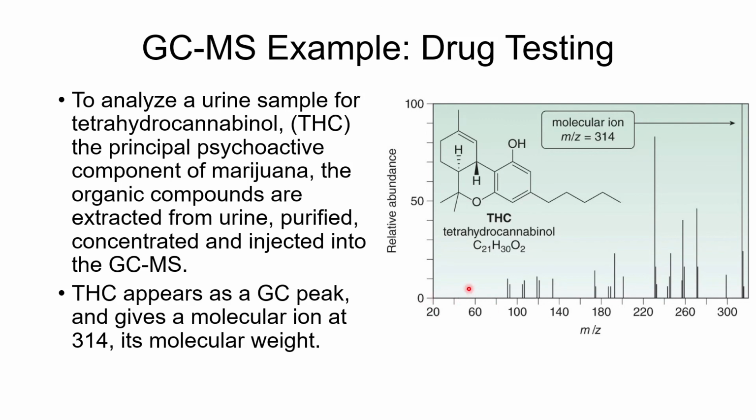But this is a very common technique, and it also is used extensively for quality control. For example, if you've got a distillery, and you're distilling an alcohol, you could take the alcohol and inject it and see what other compounds are in that alcohol, and that will help them to determine if their product meets quality control standards.